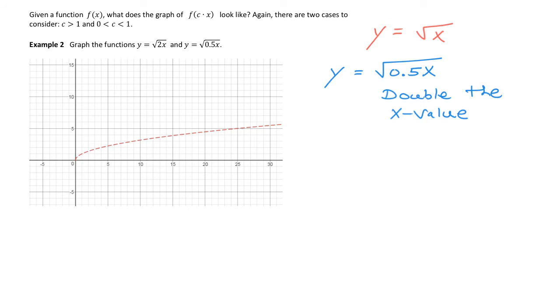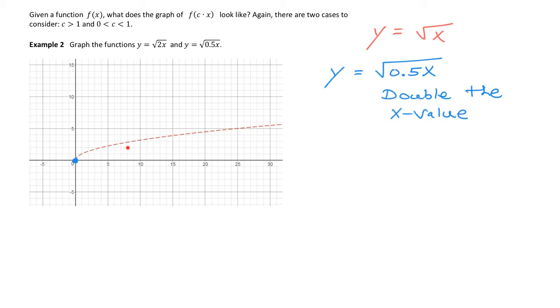And if we look at our graph, here's what it means. The x value here is 0, 0. So if I double the x value, it still is at 0. But if we check out, let's say, here's 4, 2. The x value is 4. If I double the x value, it's going to go out to 8.